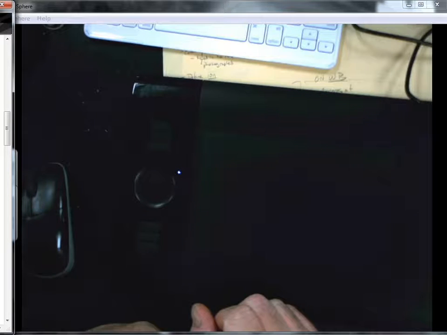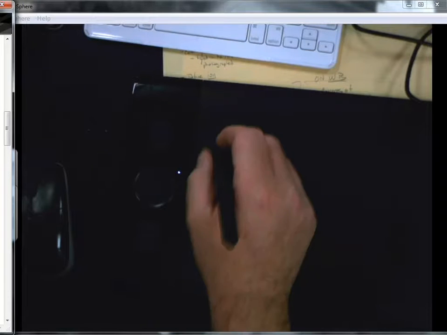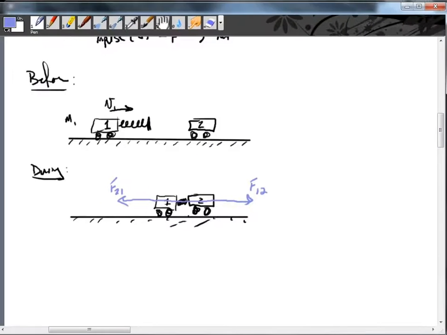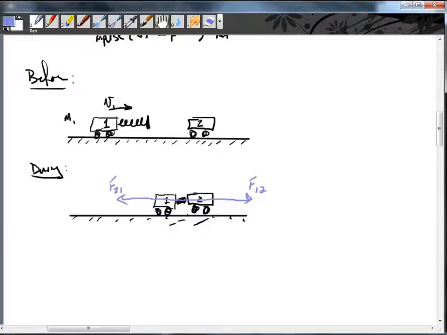So not only do we have equal and opposite forces, but we have equal and opposite forces that occur over the same period of time, delta t.